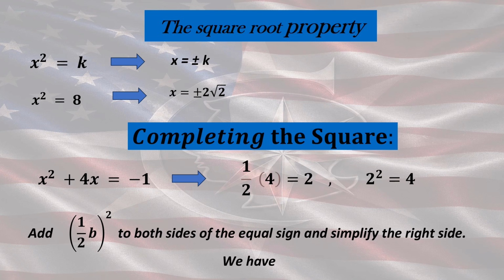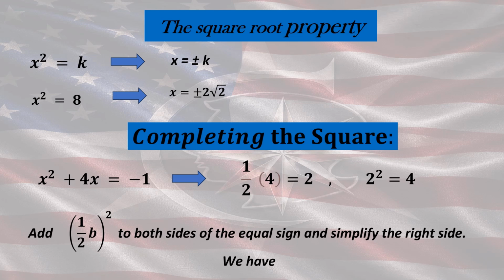1. Given a quadratic equation that cannot be factored and with a equals 1, first add or subtract the constant term to the right side of the equal sign. X squared plus 4x equals negative 1. 2.